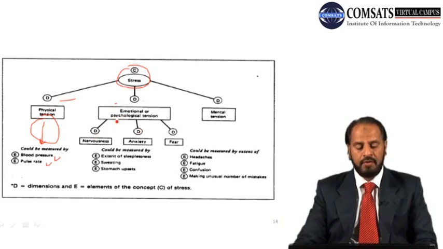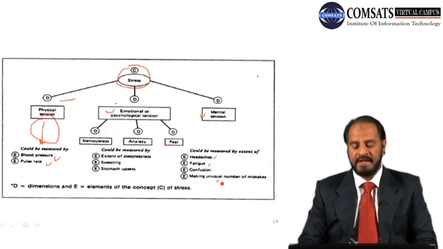But emotional or psychological tension needs to be measured on 3 different aspects, such as the nervousness of the individual, the anxiety of the individual, the fear factor in the individual. These are the sub-dimensions of the dimension emotional or psychological tension. And mental tension can be measured by headaches, fatigue, confusion, making an unusual number of mistakes.